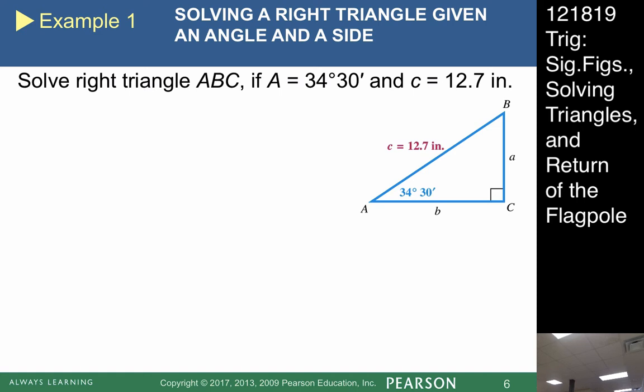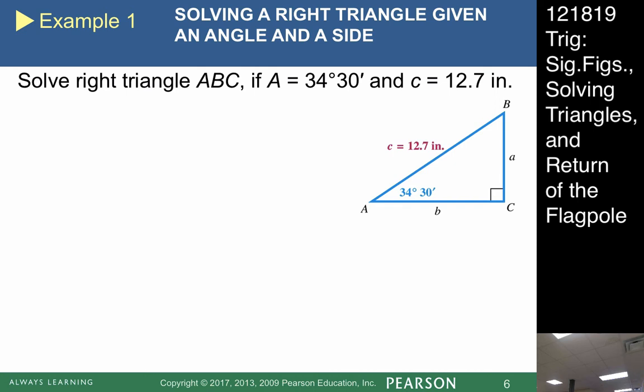All right. So we still need a and b. So you set up a proportion. Okay. Since you know what side AB is, 12.7 over 90 equals a over 34 degrees, 30 minutes.